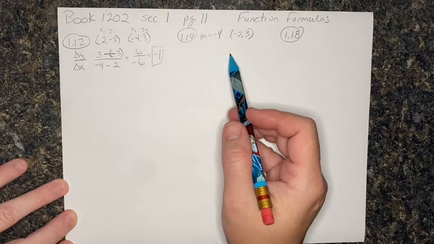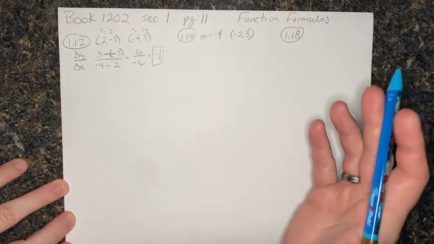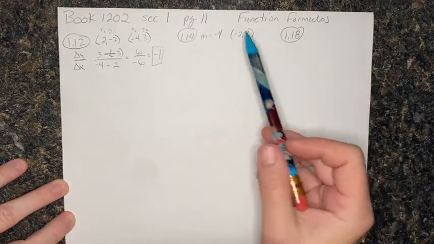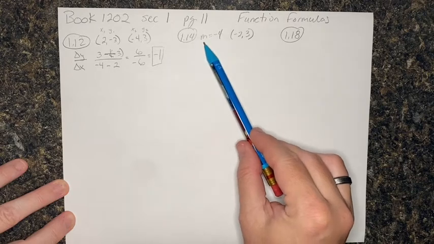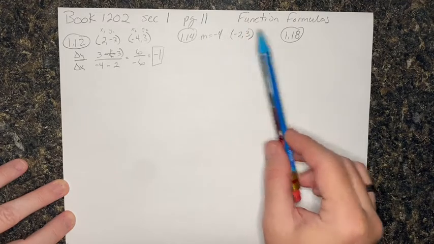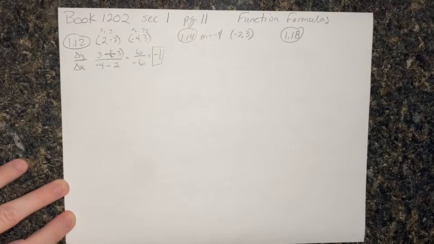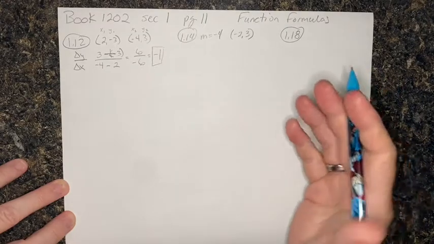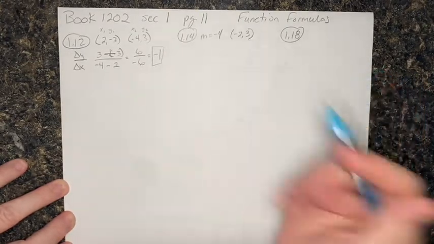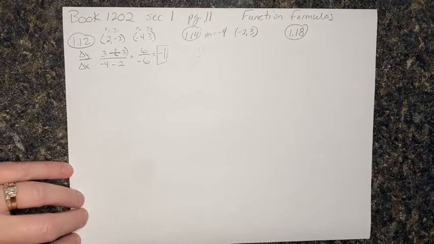Now for number 14, they want us to write the equation of the line satisfying the given conditions. For number 14, we're given the slope and we're given 1 point. So we are going to use the point slope formula to solve for our equation.